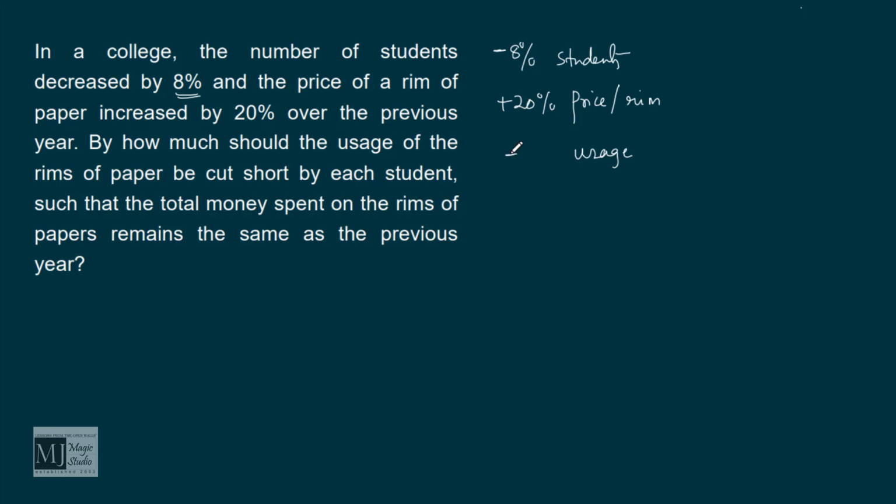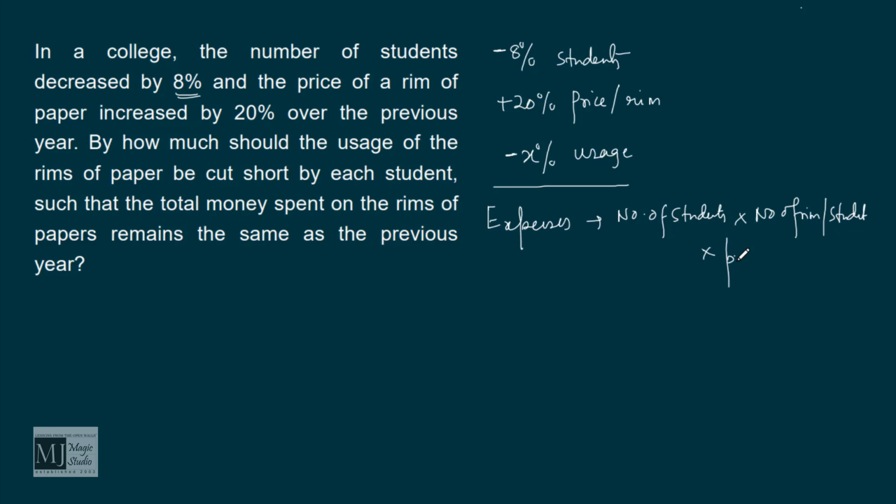If I say let they cut it down by x%, what is the formula of expenses? Expenses means number of students into number of rims per student into price of rim, isn't it?